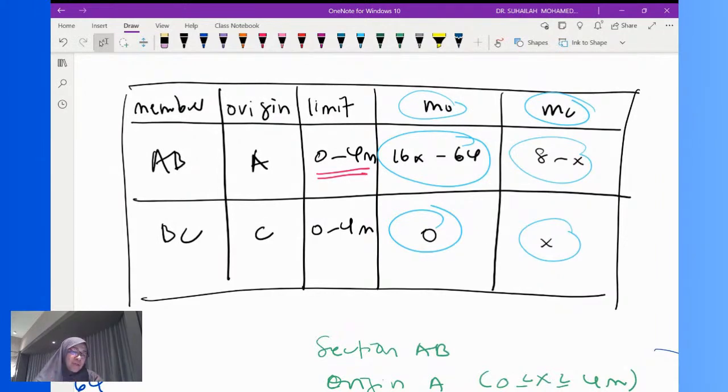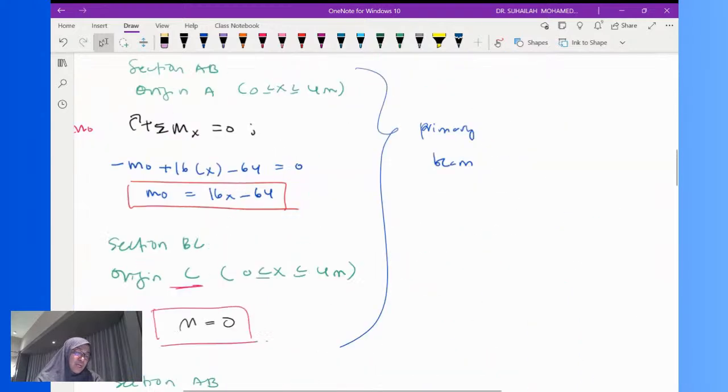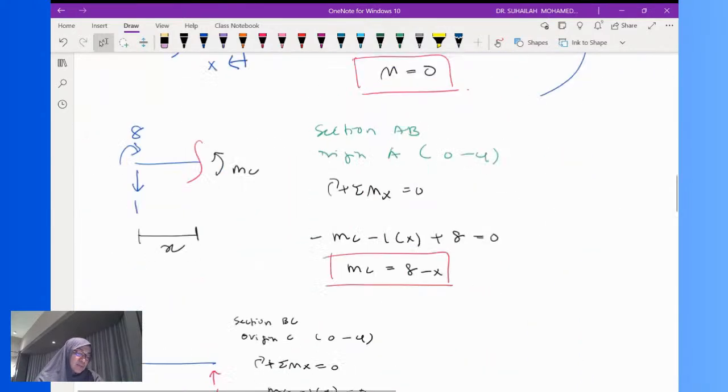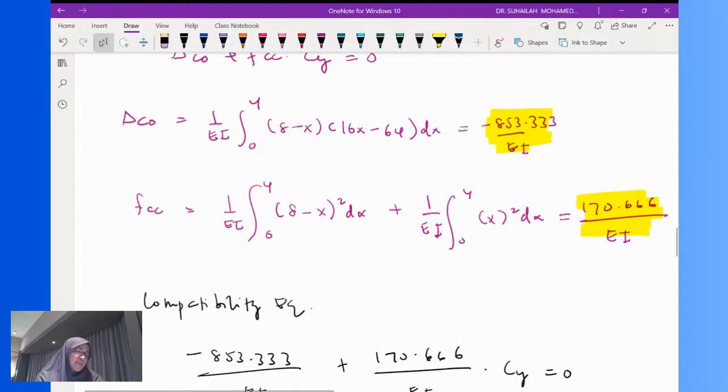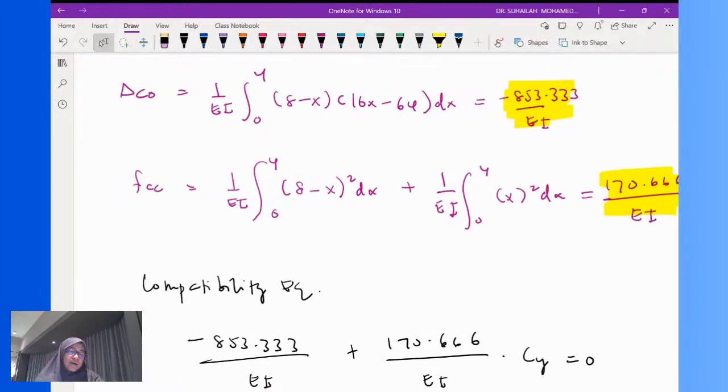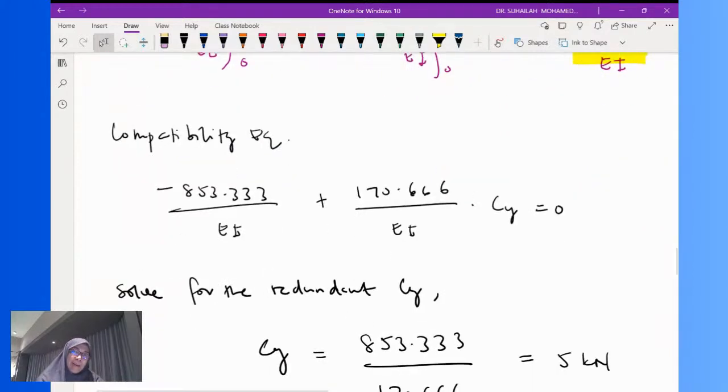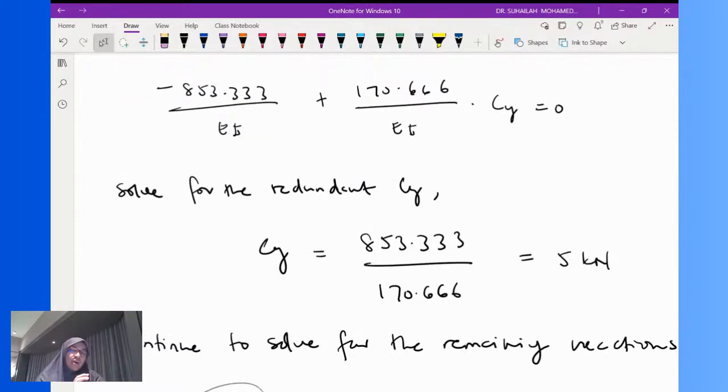The moment equation we substitute into the formula. Then we get delta at position C for the primary beam and for the redundant beam. Substitute into the compatibility equation and solve to get the redundant.